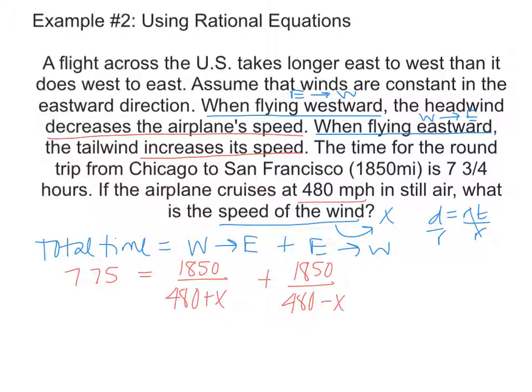Now with all of that being said, we need to go ahead and solve for x. And so our least common denominator here is pretty obvious. It's 480 plus x and 480 minus x. So this first one is going to be multiplied by 480 plus x and 480 minus x.